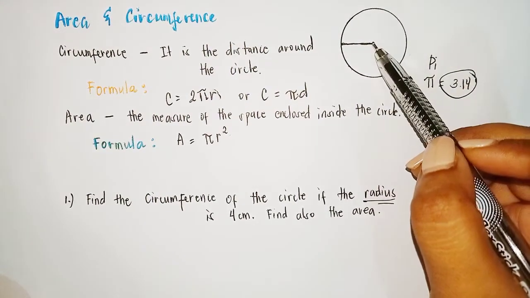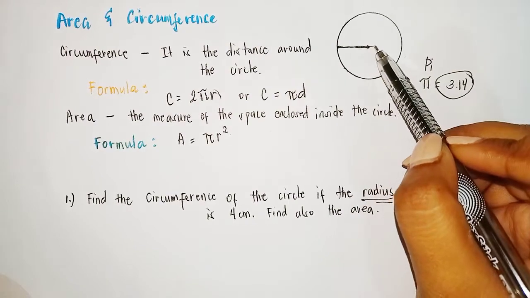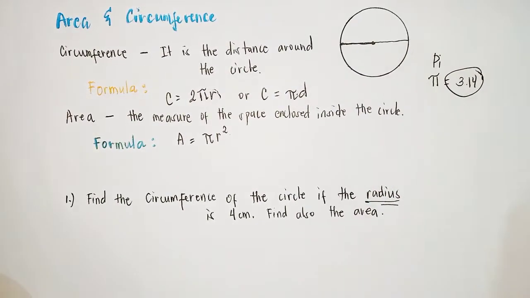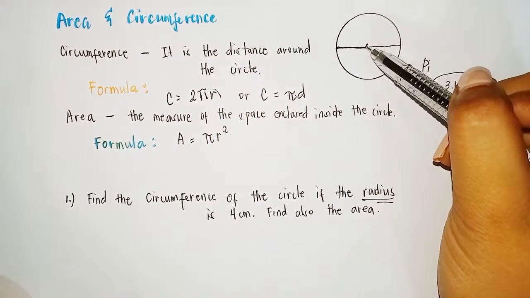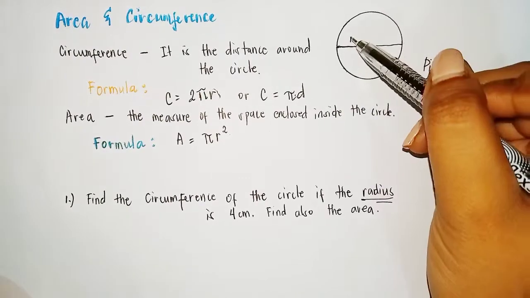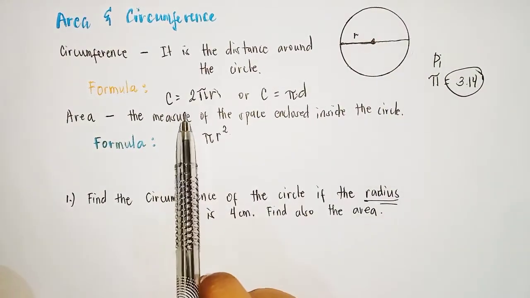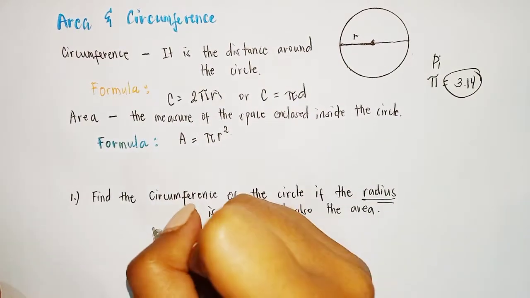Meaning to say, kapag nilagyan pa natin to ng isang line dito, ang tawag na sa kanya ay diameter, or hinati yung circle into two congruent parts. And since ang given ay radius lang, or yung kalahati lang ng diameter, so gamitin natin si C is equal to 2 pi r.